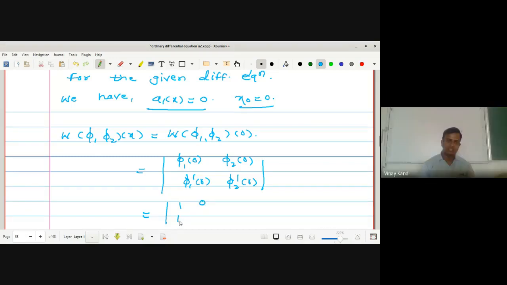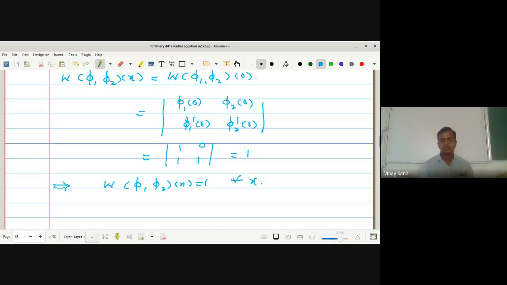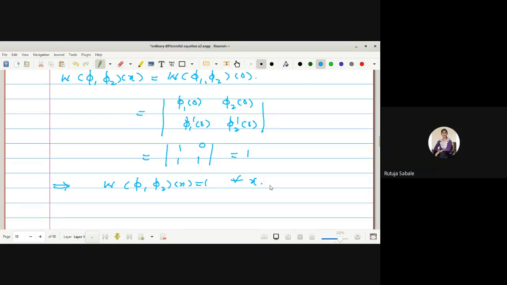And phi 1 dash, phi 2 dash are 1, 1. What is the value of this determinant? 1. This implies the Wronskian at any point is 1 for all x. Any doubt? No, sir.